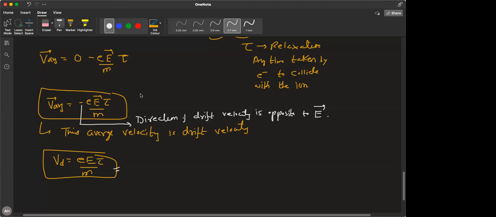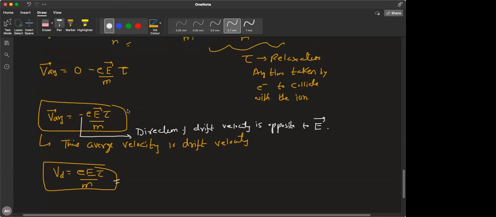Sir, why did we remove the negative sign in the last equation? Just to show that I'm writing the magnitude.